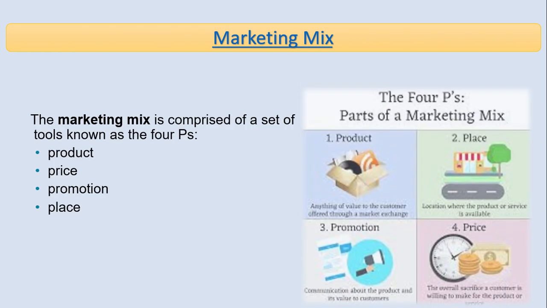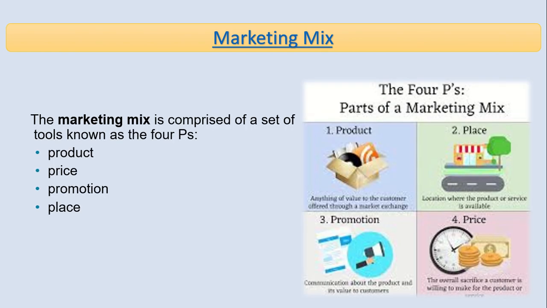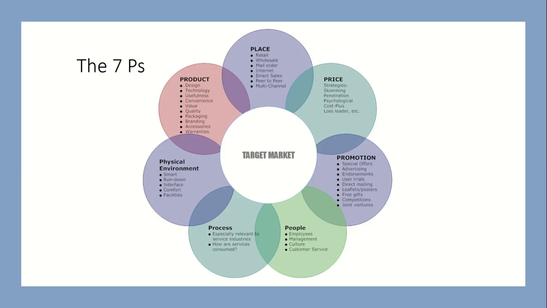Then the marketing mix. Here we can see the 4 P's, which are product, price, promotion, and place, and then 3 more P's added: people, process, and physical environment.